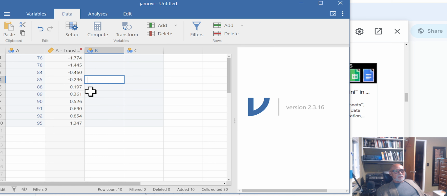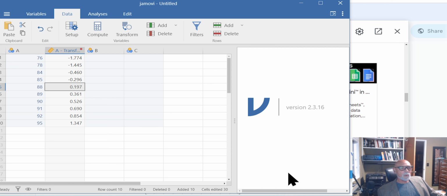And one of the things you should see right away is that we start with very negative values, around negative 1.7, and we move to something very close to 0. That would be our negative 0.17, which is very close to our mean of 86.8.